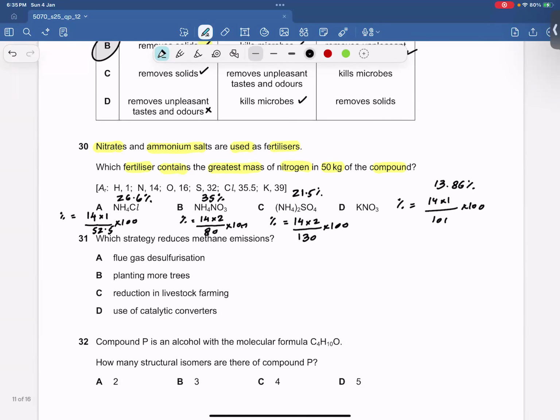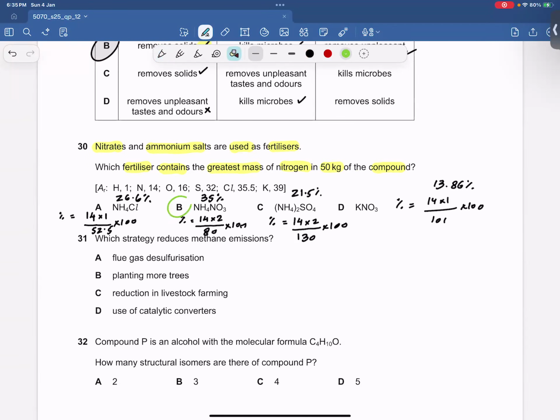So technically, option B is going to be the right answer because this option contains the greatest mass of nitrogen by percentage, and so it will give you more nitrogen in 50 kilograms of the compound. Okay, so B is going to be the right answer.